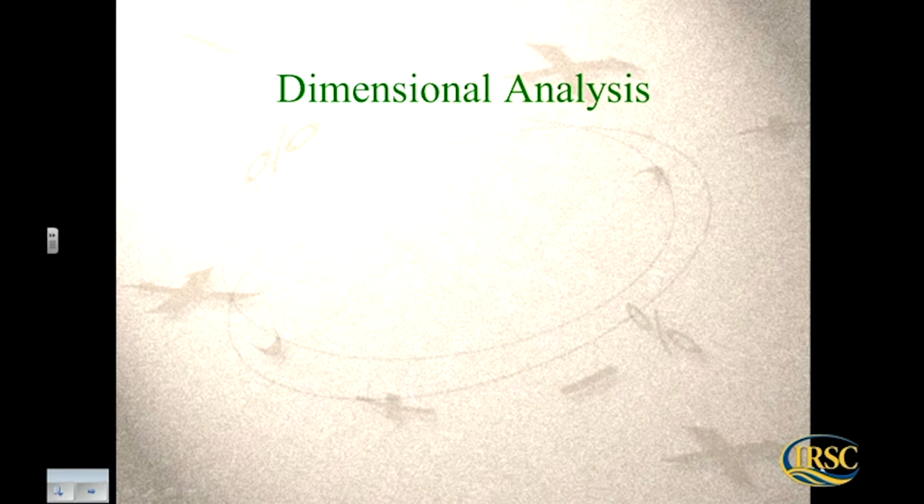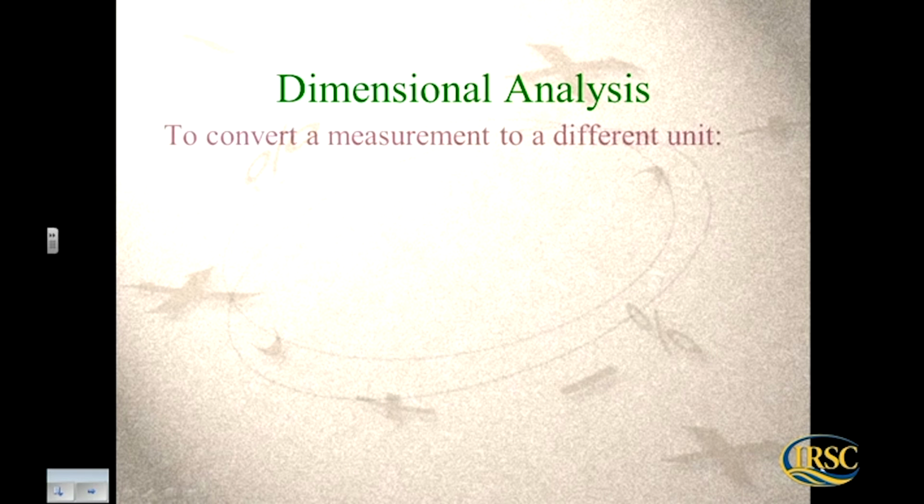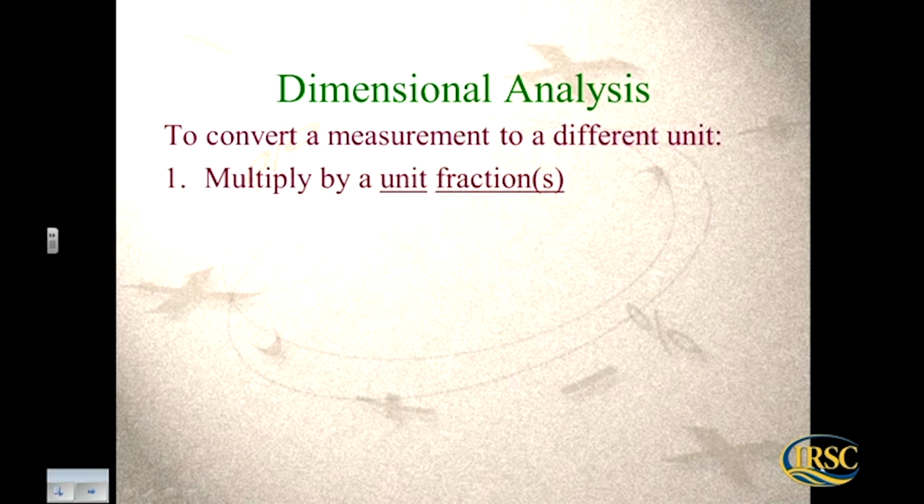Now, if you've taken chemistry or something like that, you may have already seen dimensional analysis before, because this is something you use when converting any type of units. To convert a measure to a different unit, the first thing you have to do is multiply what you're given by a unit fraction, or maybe you're going to use more than one unit fraction.